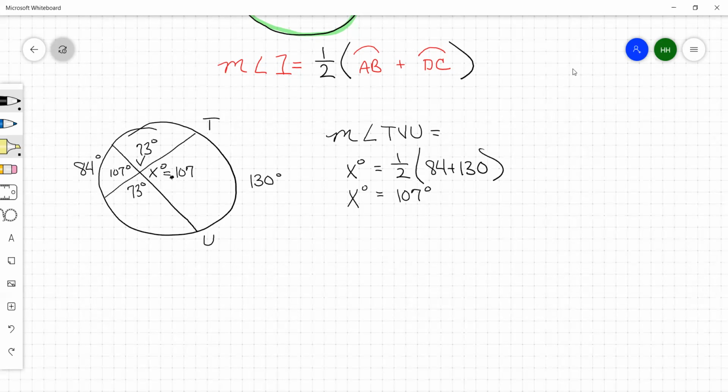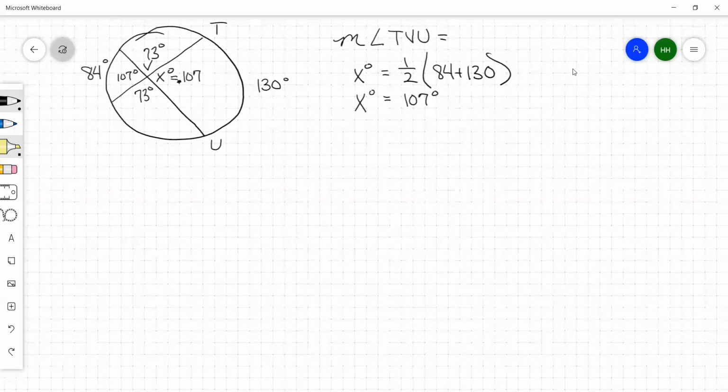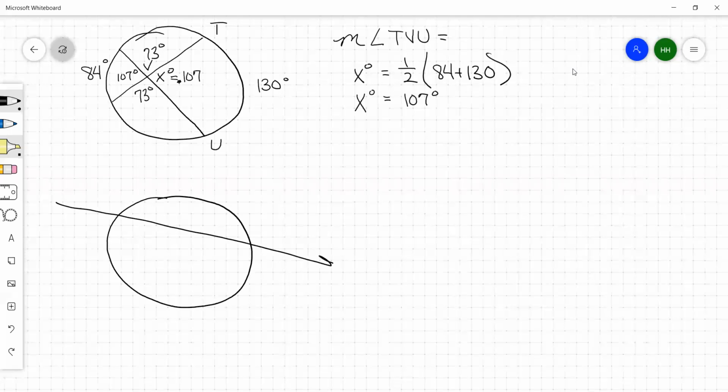All right, so let's do one more. Another circle. Two secants. We've got a 75-degree arc right here, a 143 arc, and now they're asking for this angle.